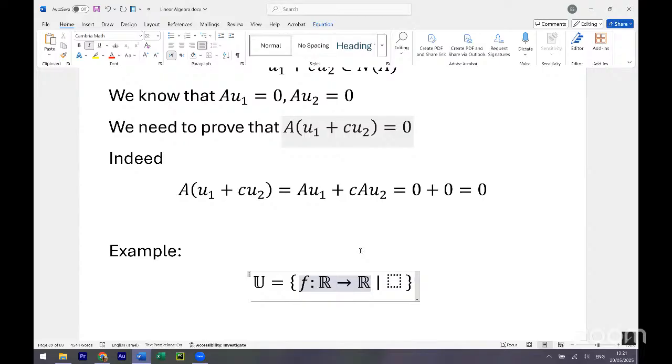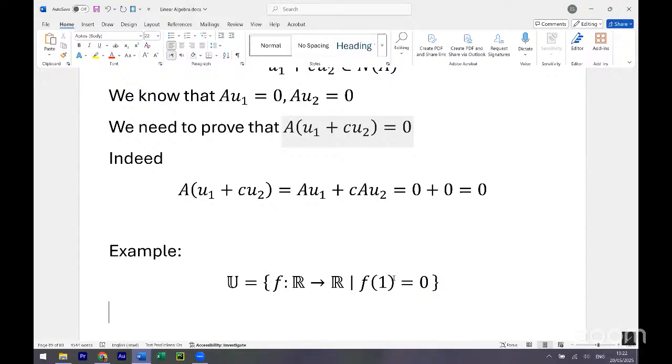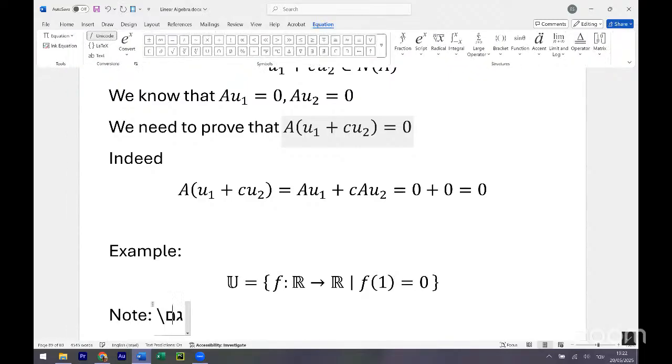Okay, I'm taking all the functions from R to R such that f of 1 equals 0. Is that a subspace? So you might ask me a subspace of what big space?